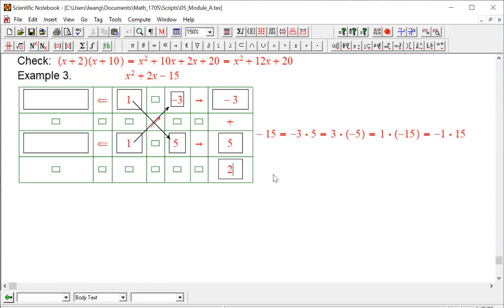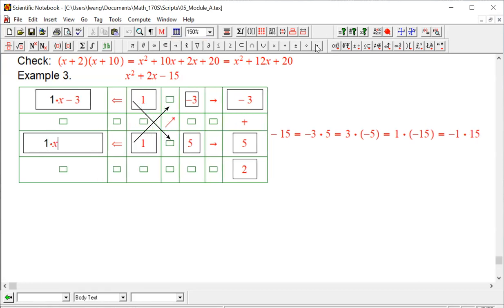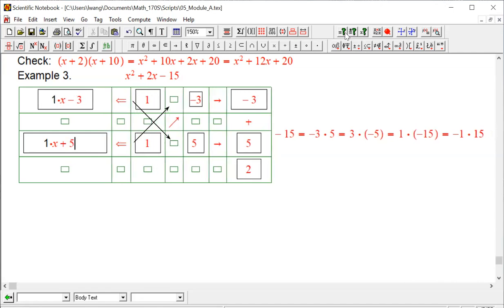Well, we get it right. We made the match the first time. Perfect. So then we just make our factors. This is going to be 1 times x minus 3. As you practice with this format, you are definitely going to get better. Plus 5. Okay, so we got our factors.